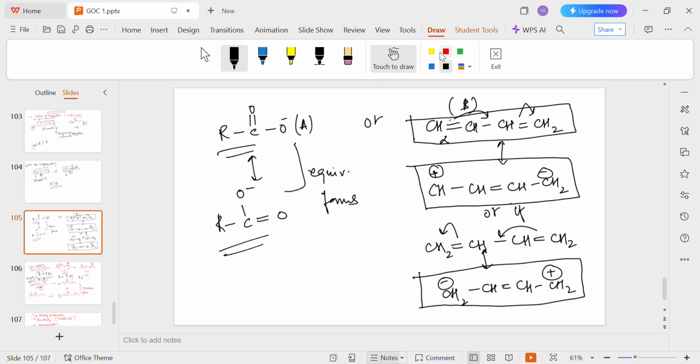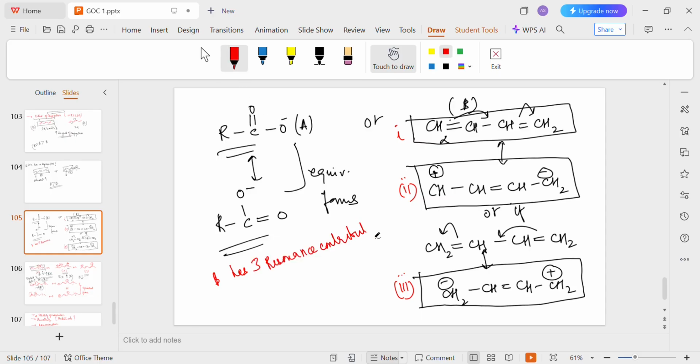Okay, so if I label it as 1, 2 and 3 contributing structures, then you can say that B has three different resonance contributors, all three of which have different stabilities. Okay, these are not equivalent forms. So let me write it.